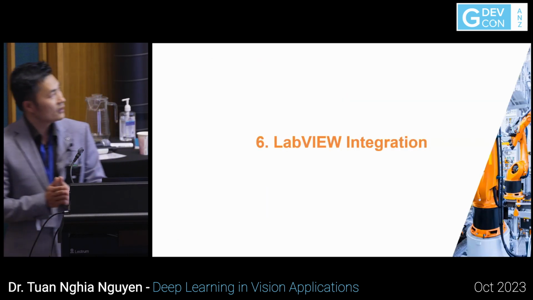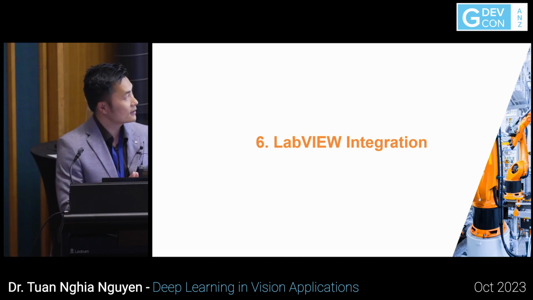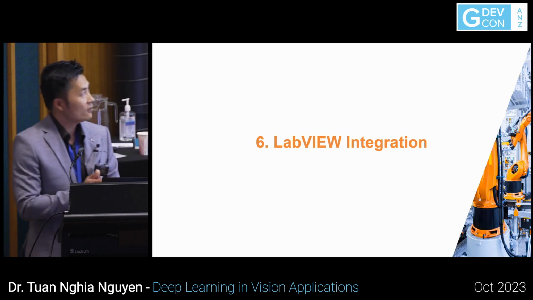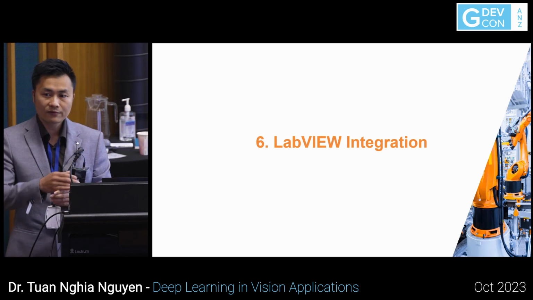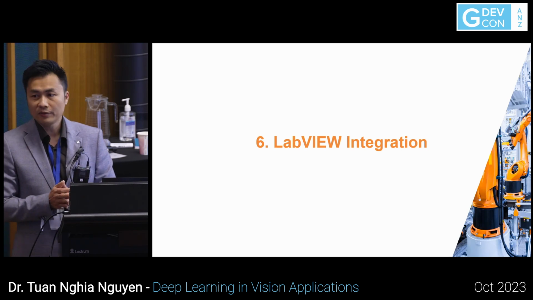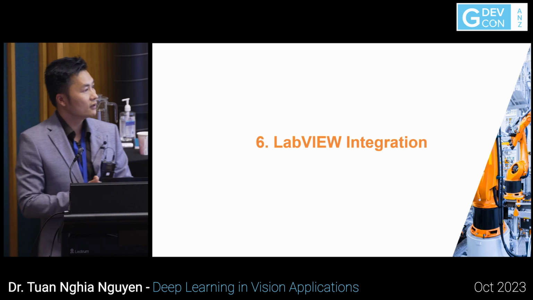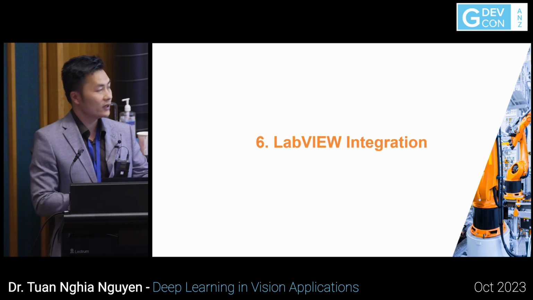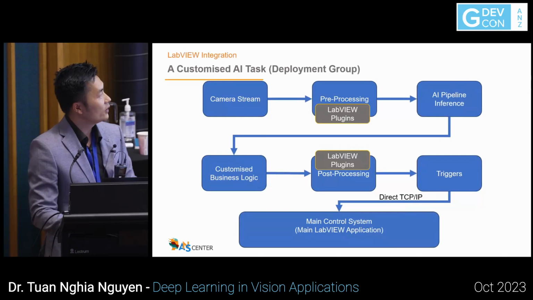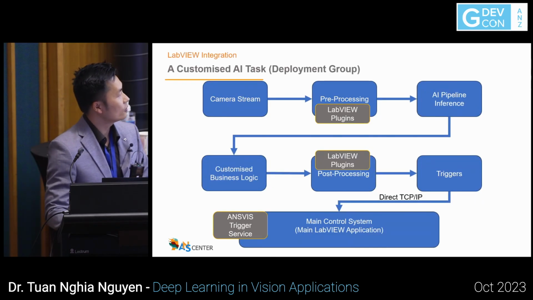And the question is, after we have done that, how do we integrate that with the LabVIEW application? You know that the ANSVIS can be a standalone application. It's running as a service, and we outsource all of the AI inference and AI implementation to that. Now the user has an existing LabVIEW application, and we want to utilize it and connect to LabVIEW as a process. So we provide the LabVIEW integration in a very convenient way.